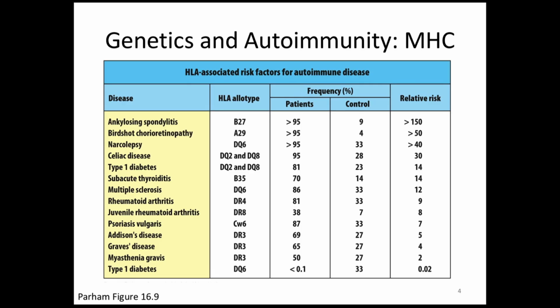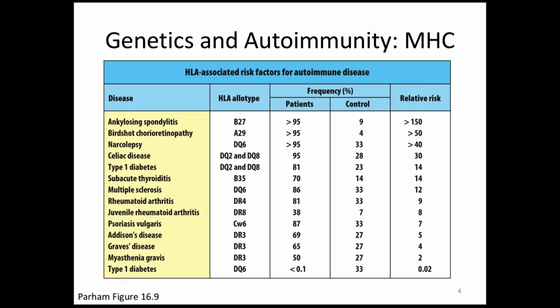This seems to be related to what self-antigens are getting presented on that MHC type, leading to the autoimmune epitope being recognized. So the most common link we see with different autoimmune diseases is particular MHC types.